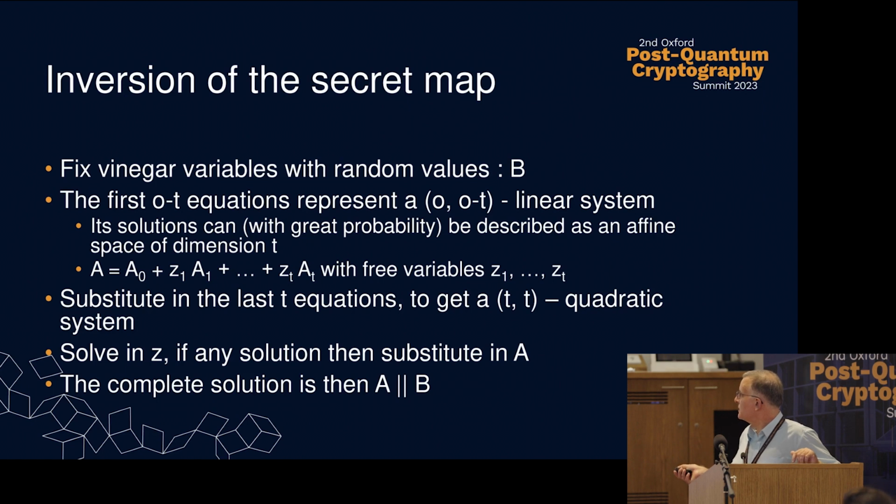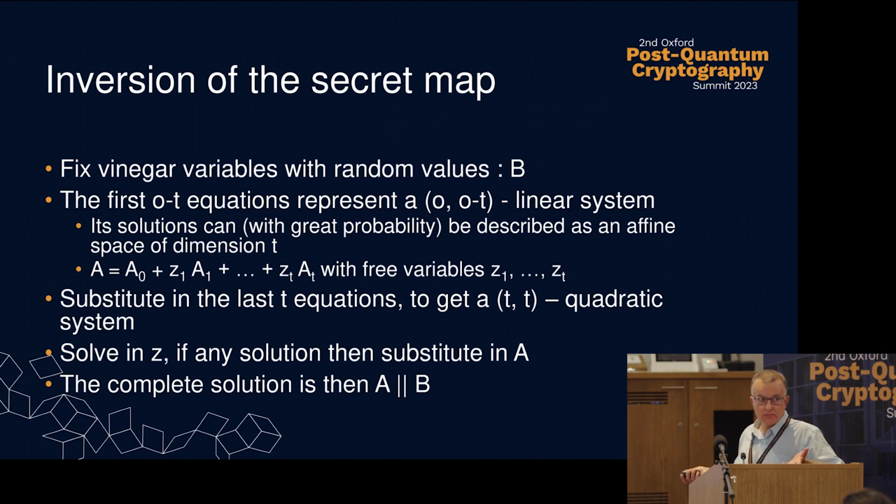into the last T equations, and you get what is in fact the main idea of the VOX design: a T by T quadratic system. To my knowledge, it's the first time we are using in cryptography a solver for a small quadratic system.